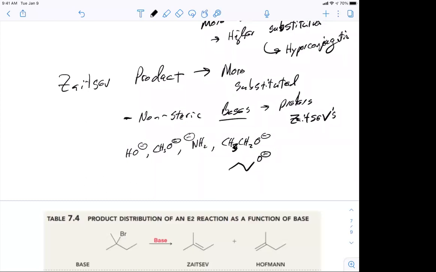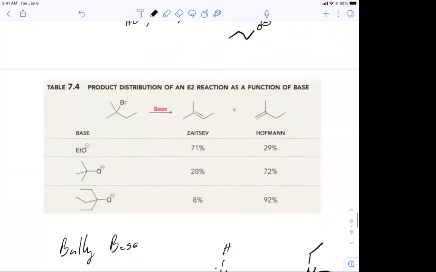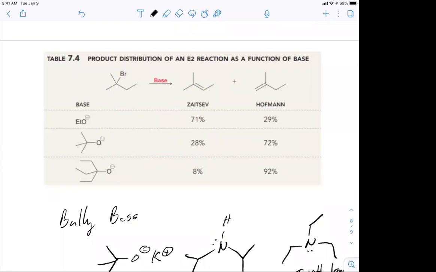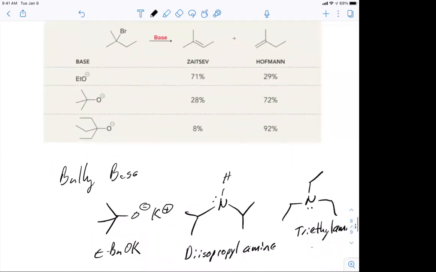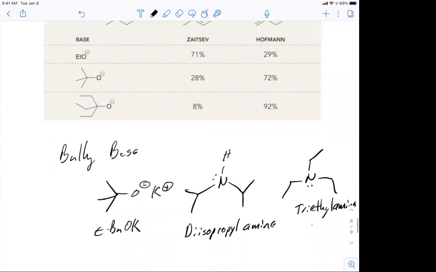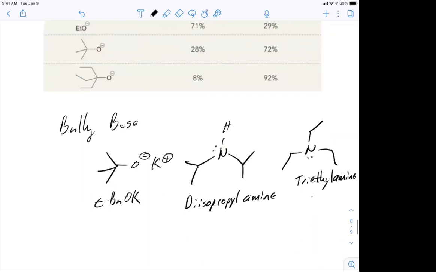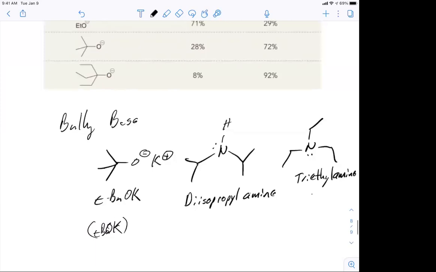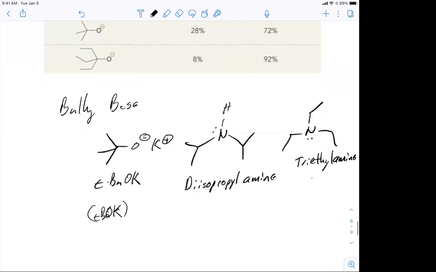They're going to prefer CHEM3053. We can drive the reaction towards a Hoffman product, which is the least substituted product, by increasing the size of our base. So the one you're going to see most often is T-butoxide. Sometimes you'll see it as T-BOC, which is another way that it's sometimes referred to. It's this T-butoxide.